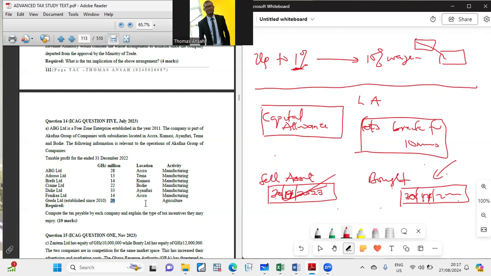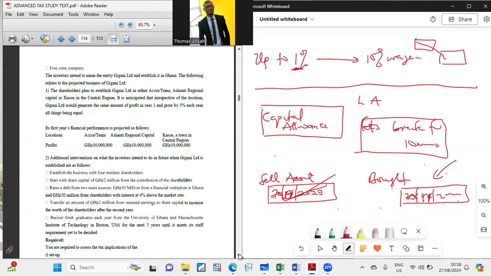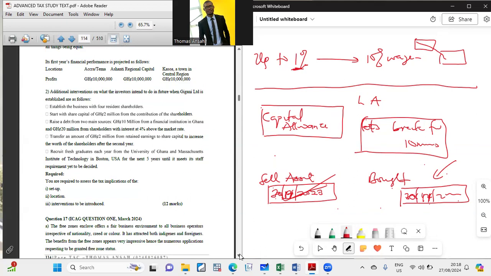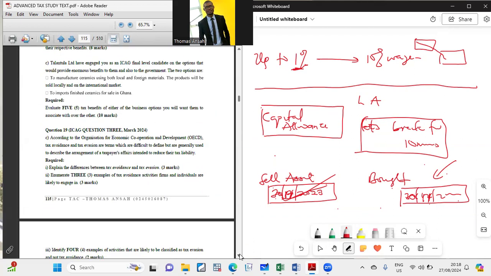The reason why I'm showing you this is that when you are learning, you should pay attention to it, not just read something and let go. So that is the first question you go through. Distinguish between tax avoidance and tax evasion.